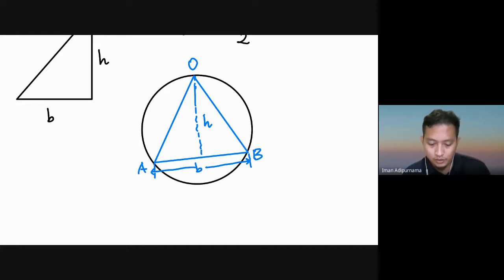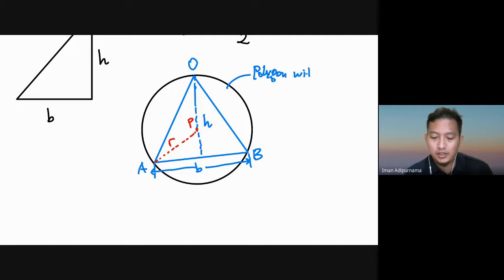Looking at the circle, from the center point, this will be our radius. Let's say the center point is P, and OP, BP, AP are all the same radius. We call this a polygon with n equal 3, which means three sides.